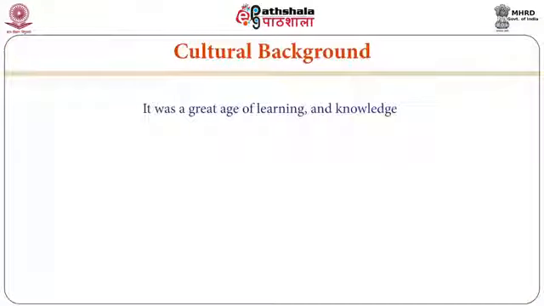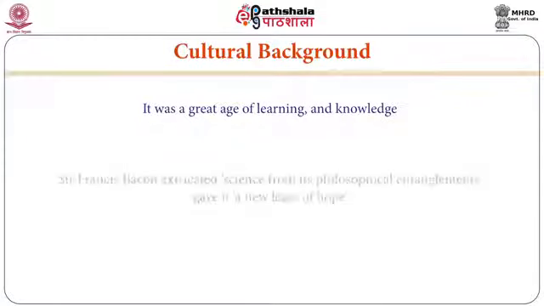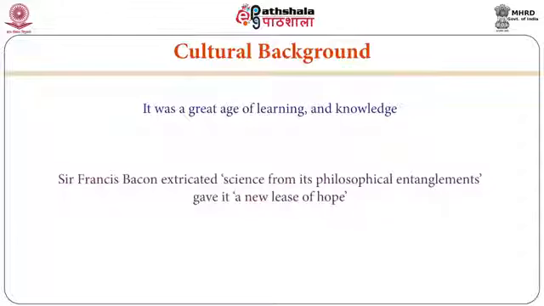It was a great age of learning and knowledge, and no one can forget Francis Bacon, who made science and philological as well as philosophical entanglements to make it very special.